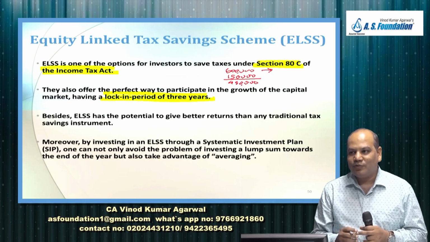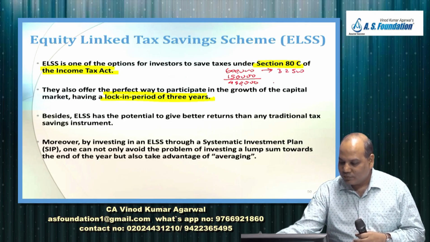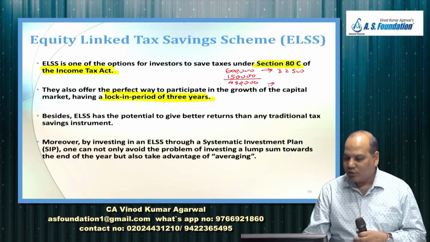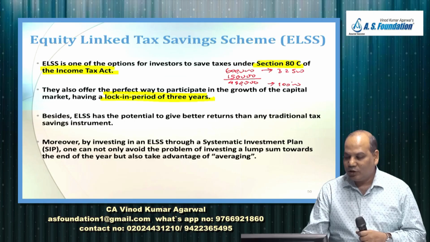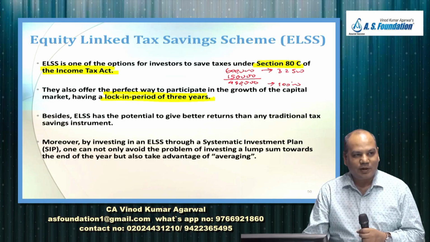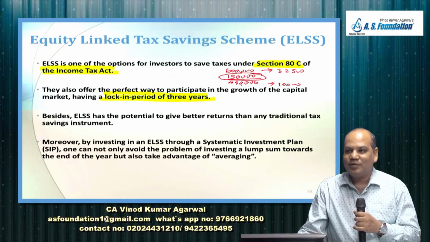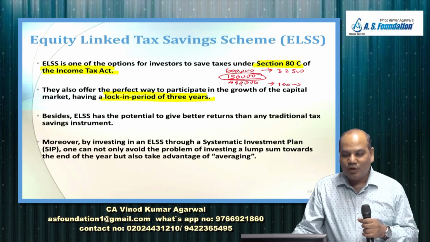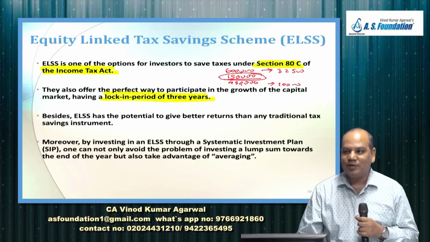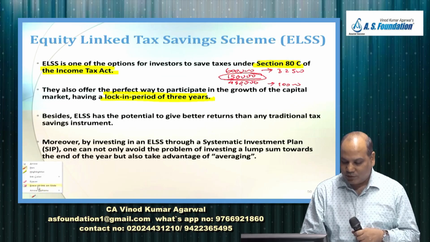So you would have paid 32,500. So instead of paying 32,500 here, you will just pay 2 lakh into 5%, 10,000. Yes or no? And if a person belongs to a high tax bracket, 30% like you, you can save 45,000 rupees in a year. So that's a tremendous saving.